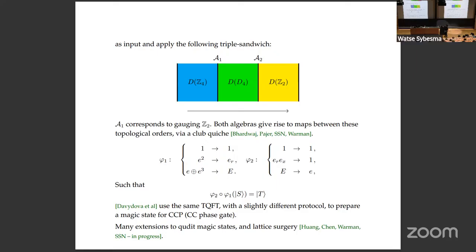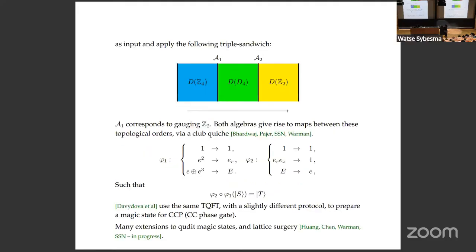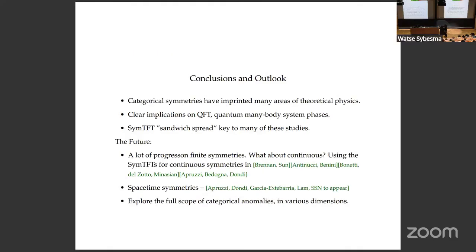We now know how to do that. Condense it back down to Z2. If you pass a state that's what's called Clifford through this, you get a magic state for some non-Clifford gate. And that can be explored in many, many directions. And again, it uses literally the same kind of mathematics of these SymTFTs.